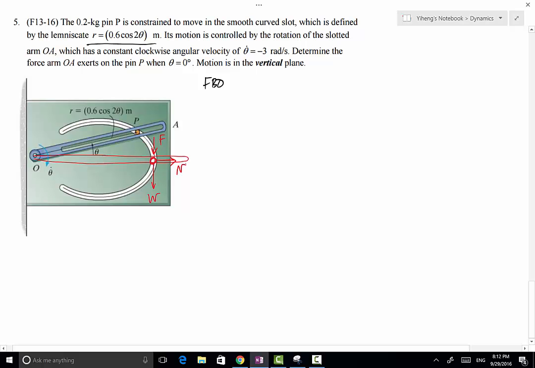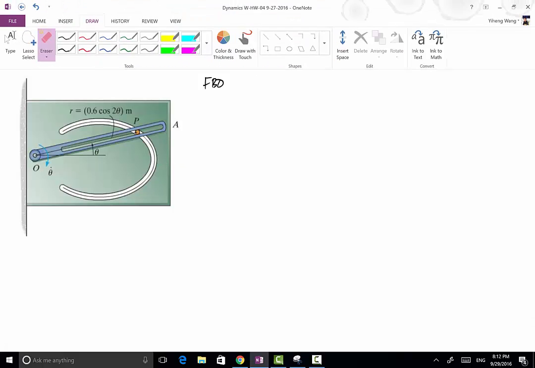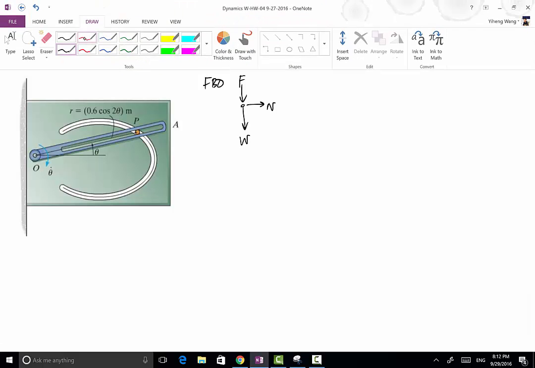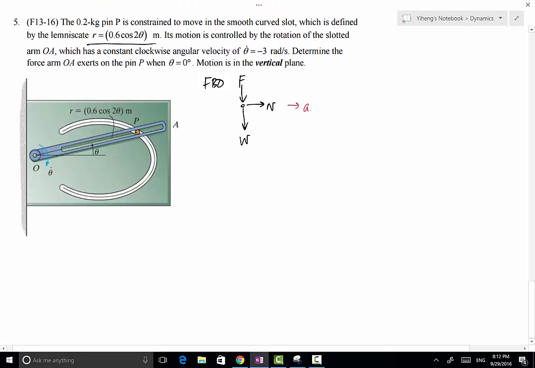And then the radial direction, a_r, is in this direction, and a_theta, the transverse direction, is here. Okay, so let's translate that graph over here. So weight force W, normal force, force from the arm, and then a_r and a_theta.